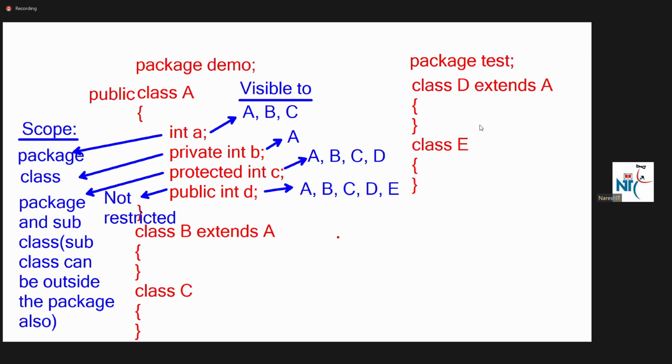Without writing an access modifier, the scope is package scope. Private scope is class scope. Protected scope is package and subclass. Subclass can be outside the package also. Public scope is not restricted, anywhere you can access.